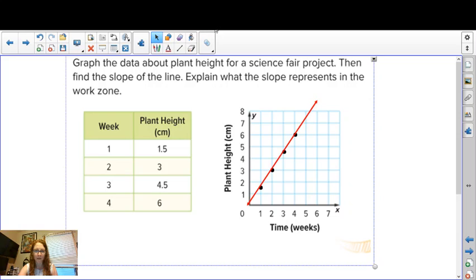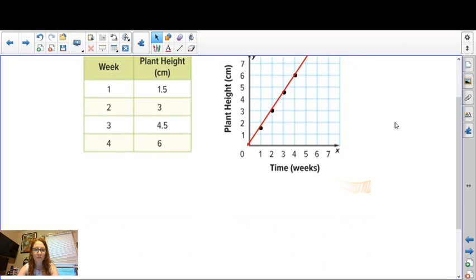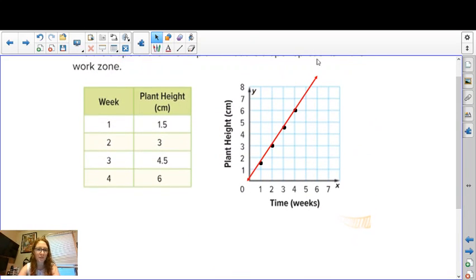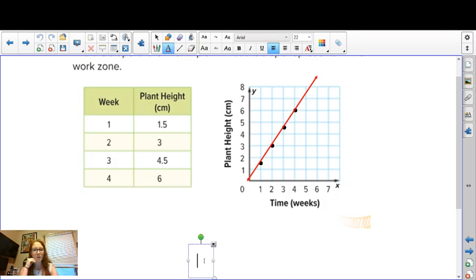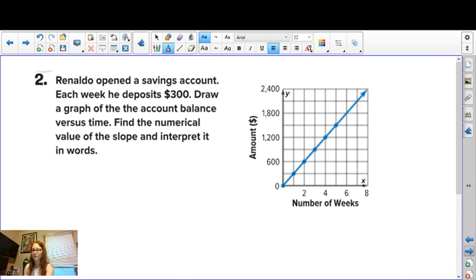All right, there we go. Look at my graph. Now what does the slope represent? My computer's very touchy this morning, apparently. Now we're discussing the plant height in terms of weeks. So the plant grows 1.5 centimeters each week. All right, cool.